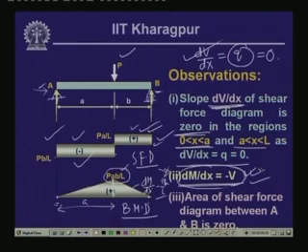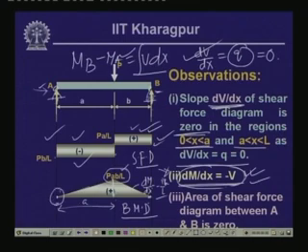If we calculate the bending moment values at these two points, M_B minus M_A is equal to the integral of V dx. If we choose these two points B and A, then the difference in the bending moment values between these two ends is 0, because the bending moment here is 0 and the bending moment here is equal to 0. So M_B minus M_A is equal to 0 between these two points.